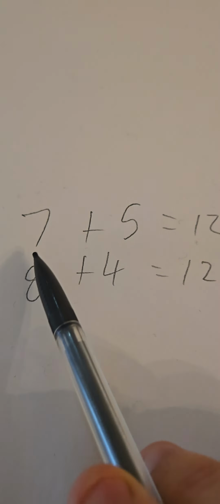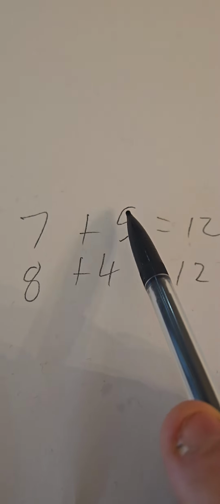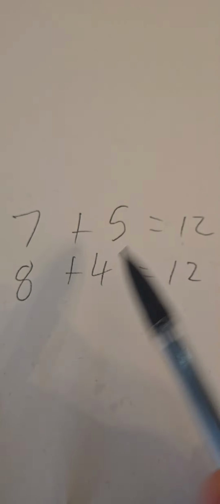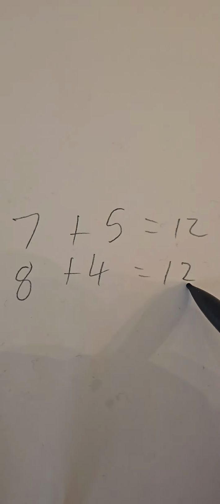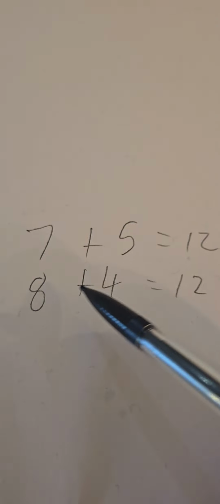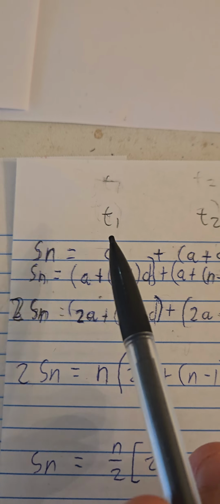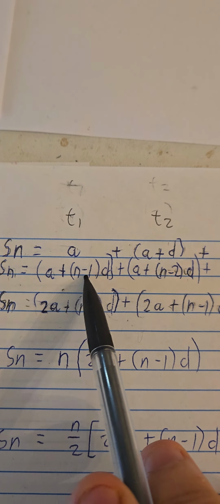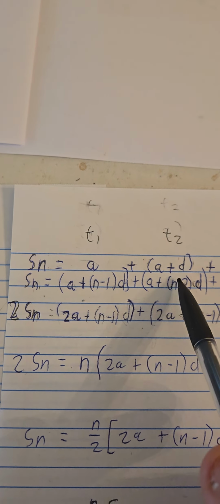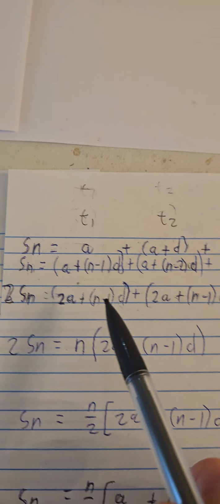It's like 7 plus 5 is 12. If one number goes up by a certain amount and the other goes down by the same amount, added together it will stay the same, because the amount up and the amount down cancel. This term went up by a certain amount, this one went down by a certain amount, so adding them will get the same answer.